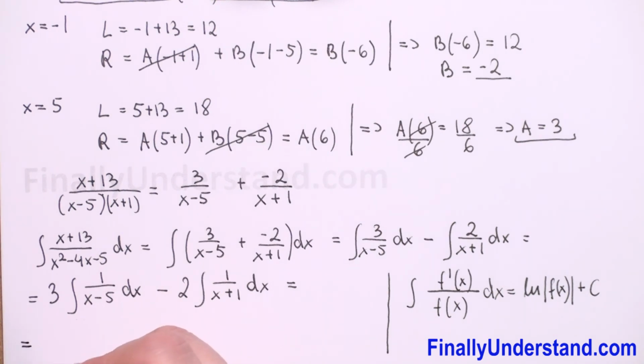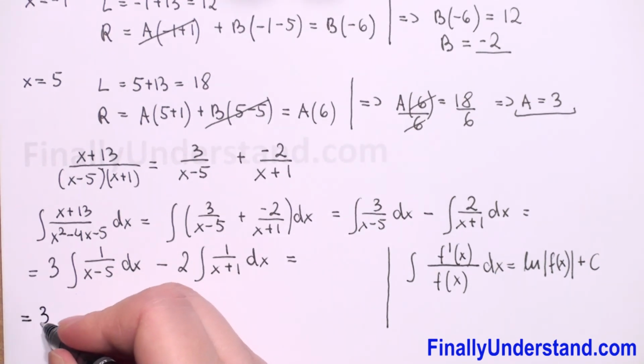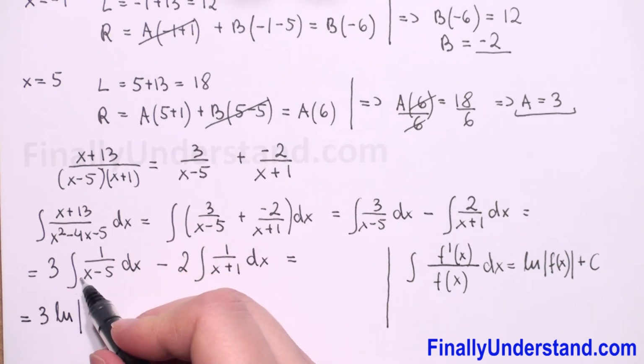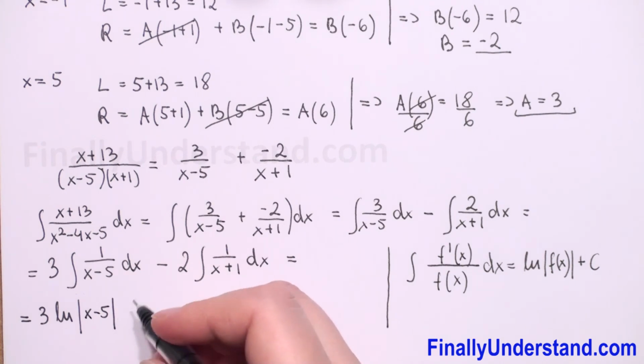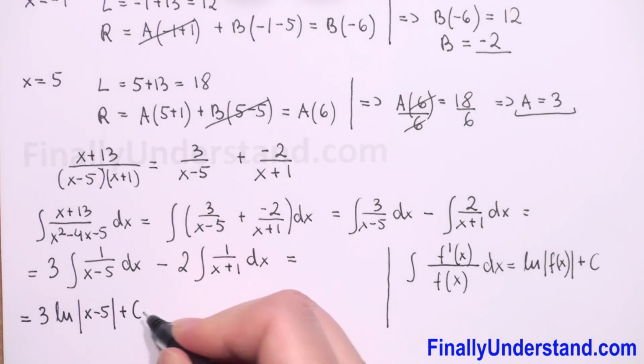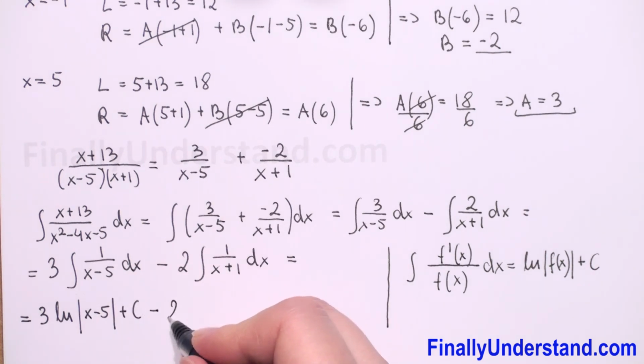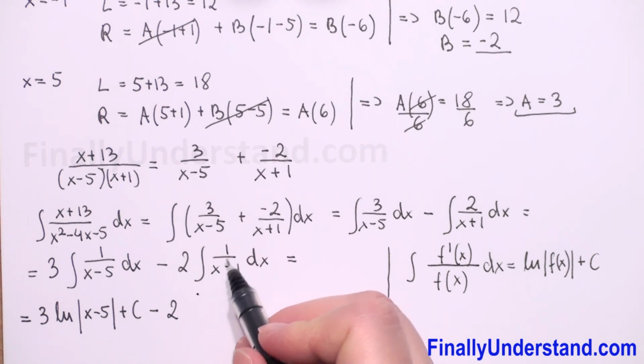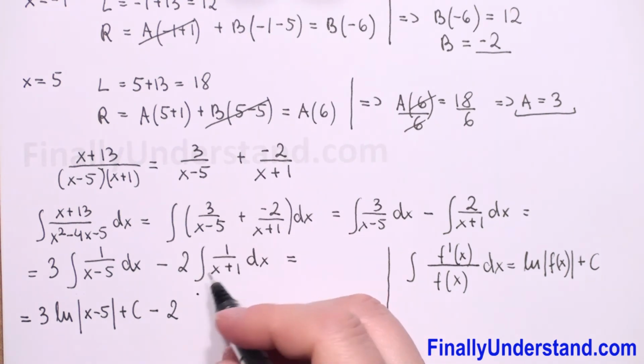So we will have 3 times the natural logarithm of the absolute value of whatever is in the denominator, x minus 5, plus a constant, and we have minus 2 times, and again we have in the numerator the derivative of the denominator.